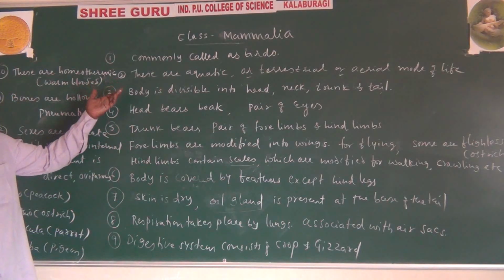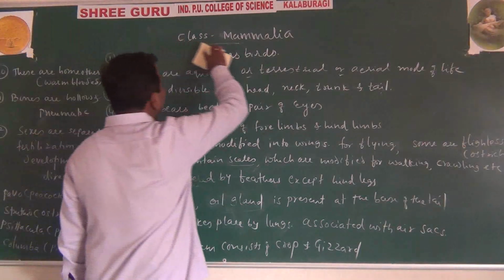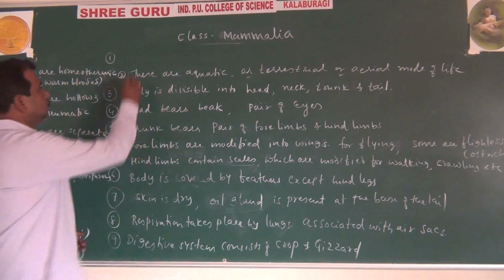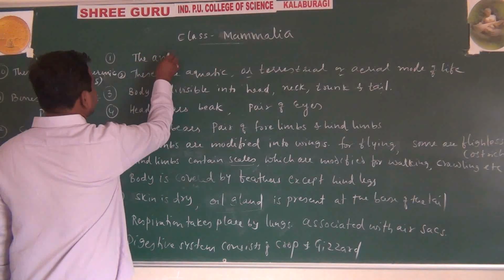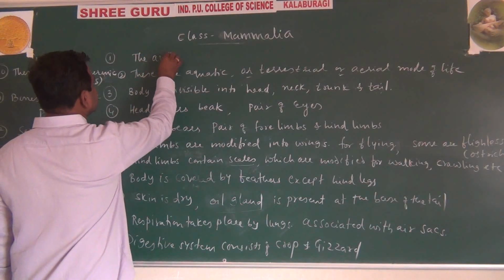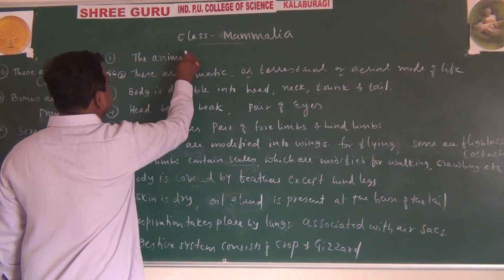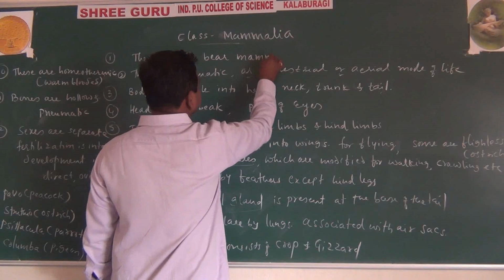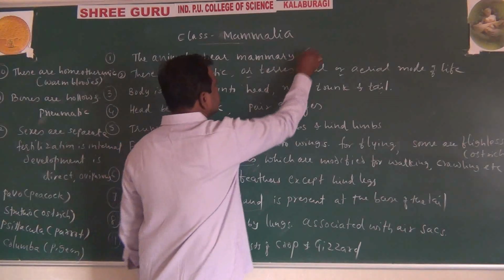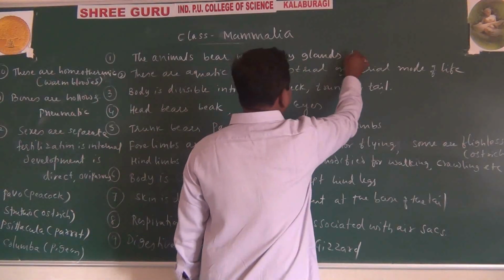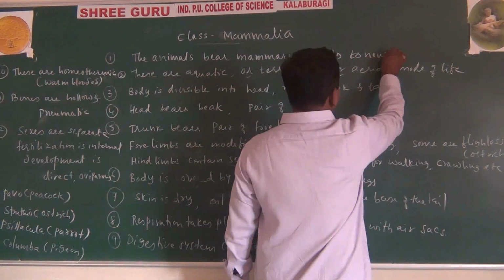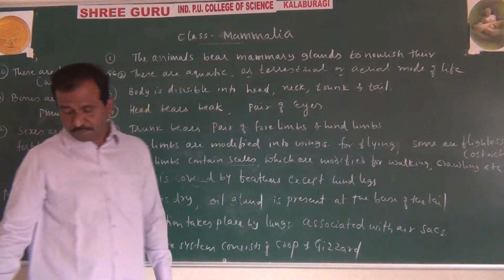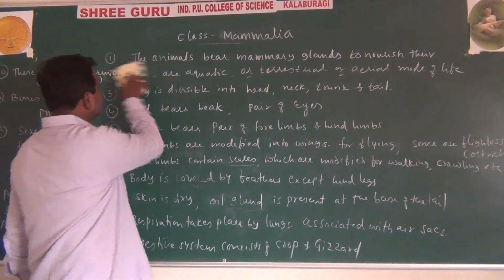Here, mammals: the animals bear mammary glands to nourish their young ones.